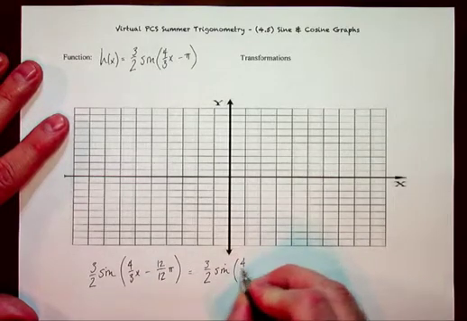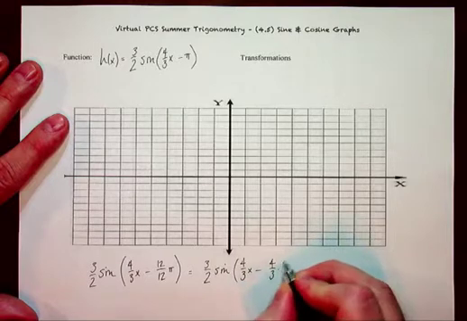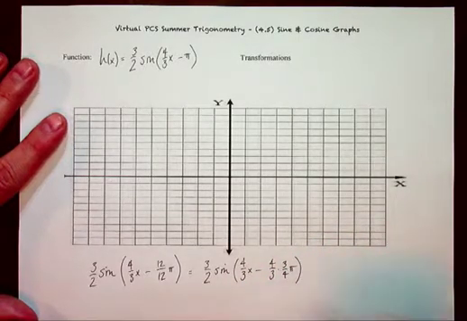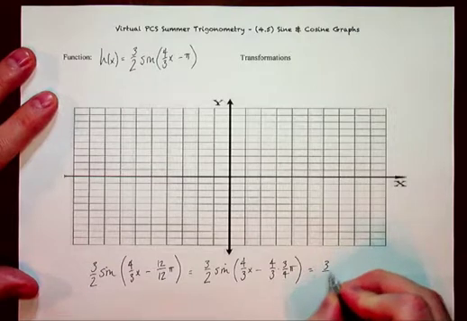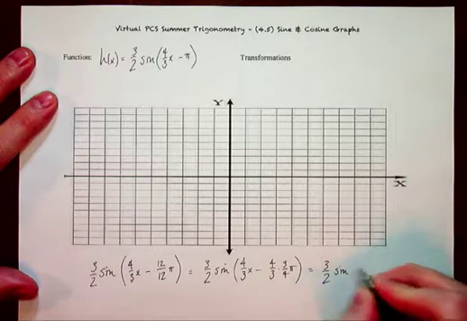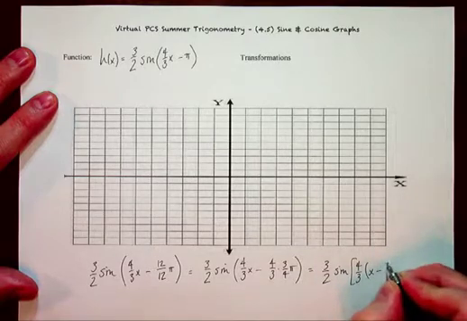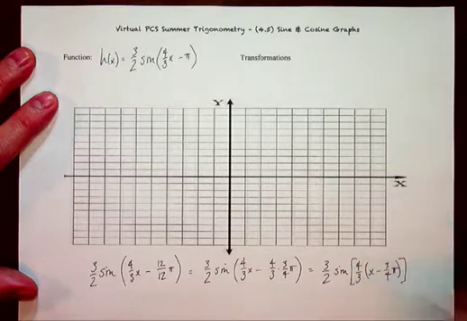I want you to think about it like this. 12/12 can be pulled apart into 4/3 times 3/4, which gives us sine of 4/3 x minus 3/4 pi, or 3 pi over 4, right?